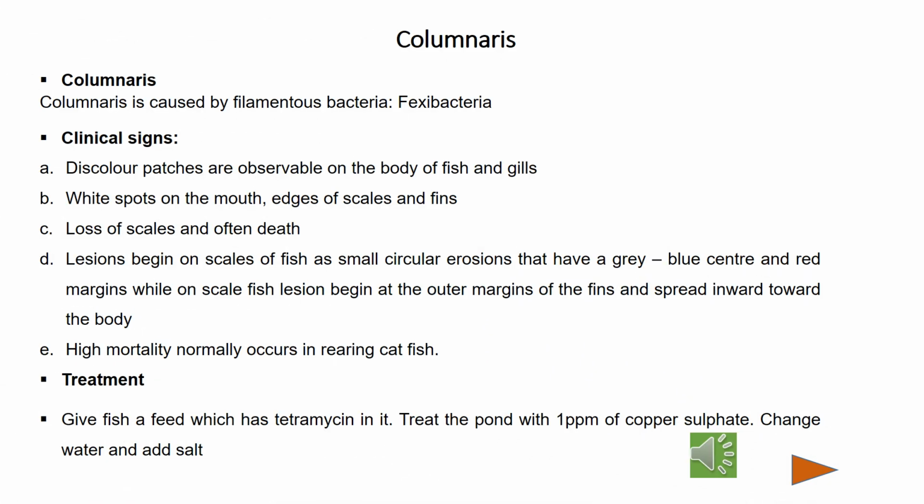This is caused by filamentous bacteria, Flexibacter. The clinical signs are very obvious. There will be discolored patches on the body of the fish and gills. White spots on the mouth, edges of scales and fins are observed. There will be loss of lots of scales and often death may occur.